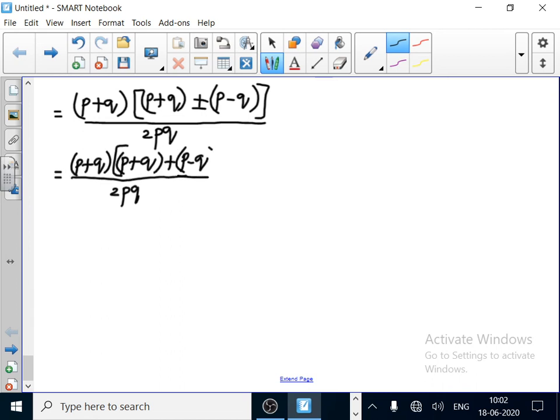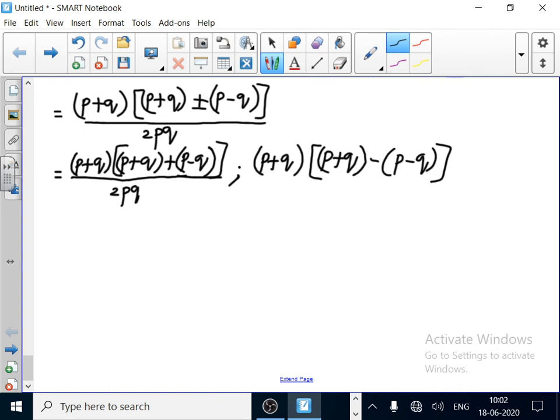Write as it is. After that you can simplify the brackets: p plus q into p plus q, minus of p minus q, whole divided by 2pq.